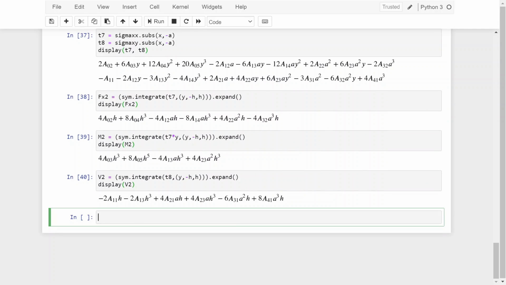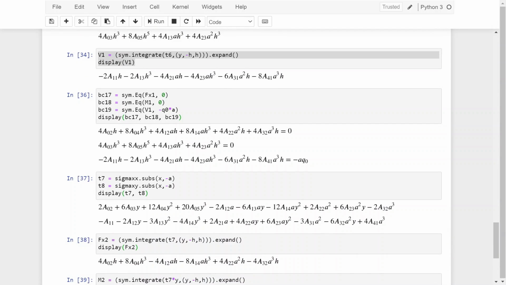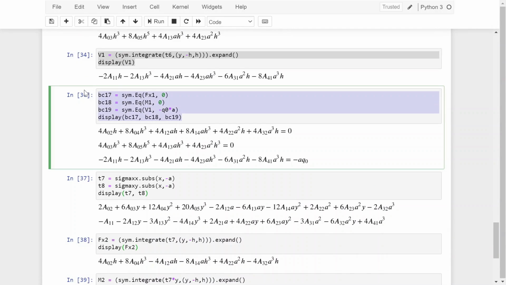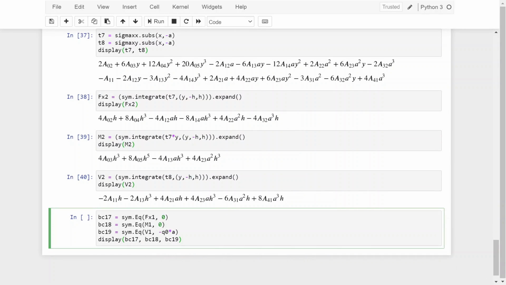All right, so for the boundary conditions, as before, we have to use these things, making sure to change the numbers. So we start from BC 20, 21, 22, and these are fx2, m2 and v2, and note that we change this to plus of q naught a.